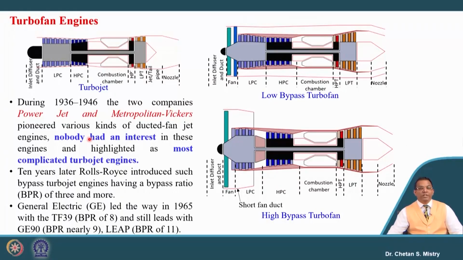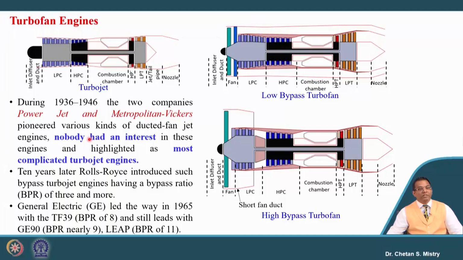They have since merged with other companies, but they were the pioneers who gave the concept of the ducted fan turbojet engine, what we name a turbofan engine. But at that time nobody showed interest, and they considered this the most complicated turbojet engine, and that is the reason why it did not attract much attention in those days.